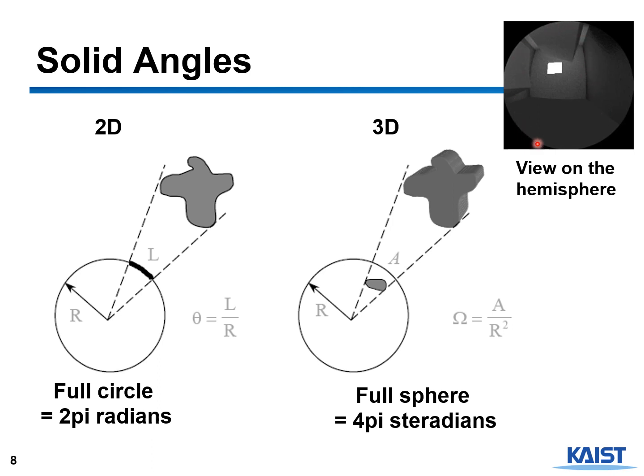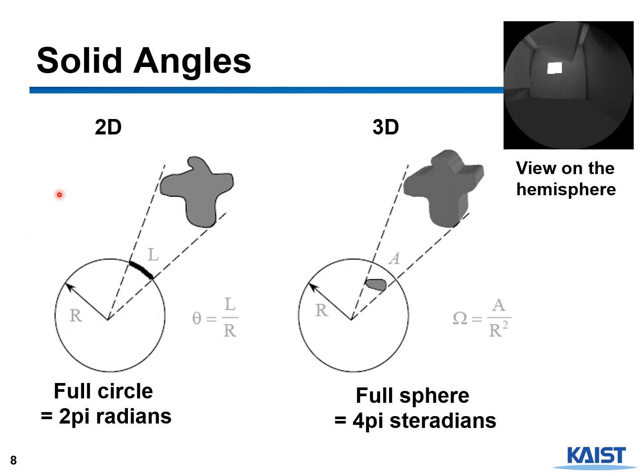By looking at this surrounding view projected on the hemisphere, we can see from which directions we receive what kind of energy. From the light source we get a lot of energy; from other surrounding areas we get only a small amount. That's why we need this for developing the rendering equation.